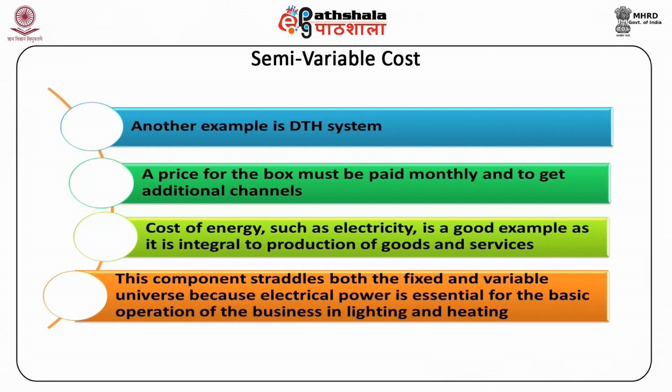As demand ramps up, more energy is required to ramp up the production process, in the use of machinery or large banks of computers, for instance. The cost of electrical energy will then rise accordingly as production activities increase. Therefore, the cost of electricity can be viewed as semi-variable.